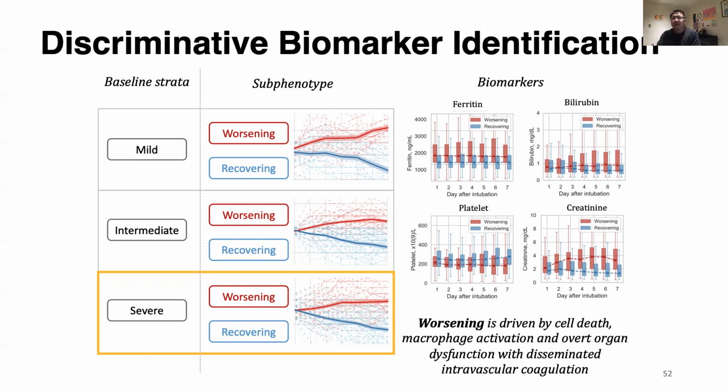We can observe significantly higher ferritin, continuously increasing bilirubin and creatinine, as well as significantly lower platelet values within the worsening subphenotype compared to the recovering one. This suggests that within the severe stratum, the worsening subphenotype was probably driven by cell death, macrophage activation, and organ dysfunction with intravascular coagulation.